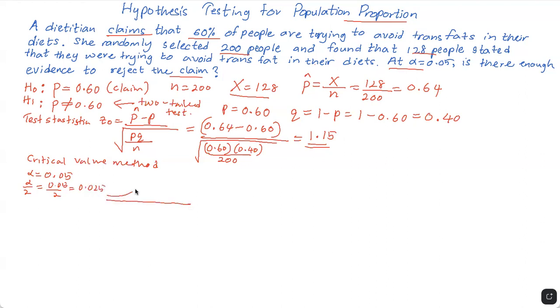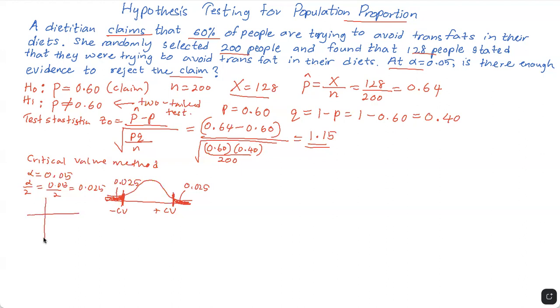Then you have two tails in this problem. This tail is 0.025, this tail is 0.025. Then we can see two cutoff values, one negative and the other positive. Two critical values.